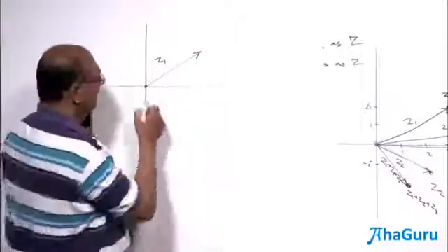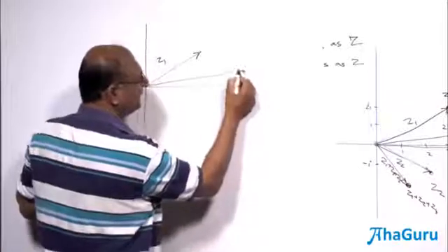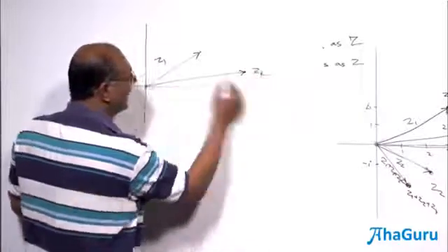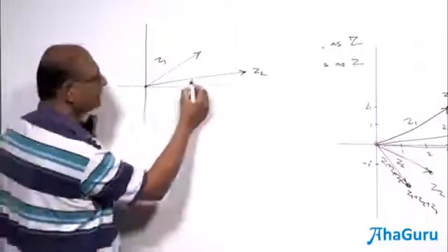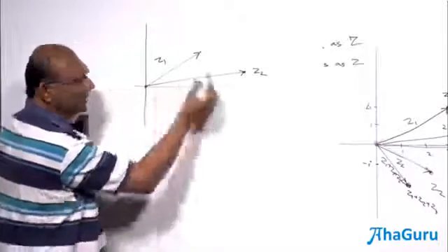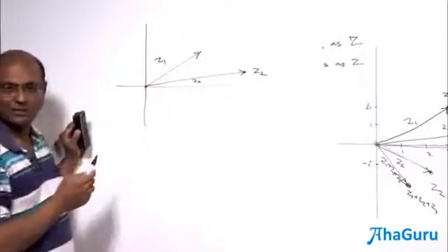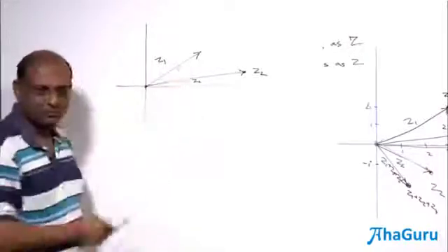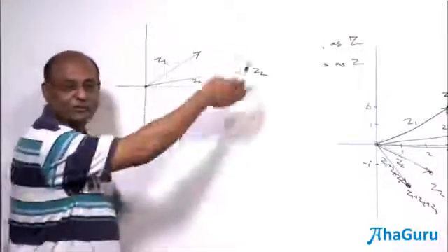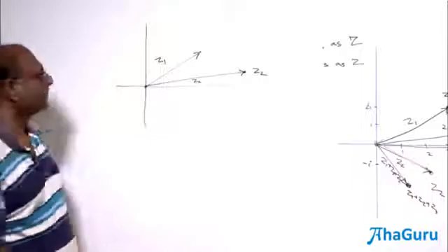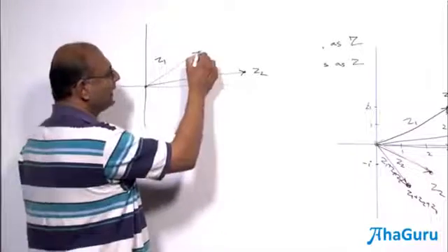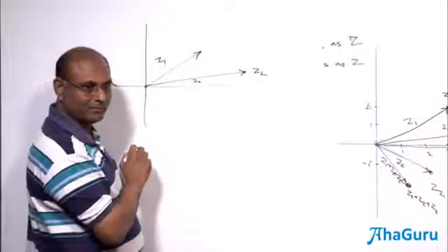Z1. And if I have a new point here and I call this Z2, this arrow is also called Z2. Why is this point Z2 and arrow Z2? The arrow is Z2, but it starts at the origin, so therefore the ending point is Z2. Now this arrow is Z1, ending point is Z1.